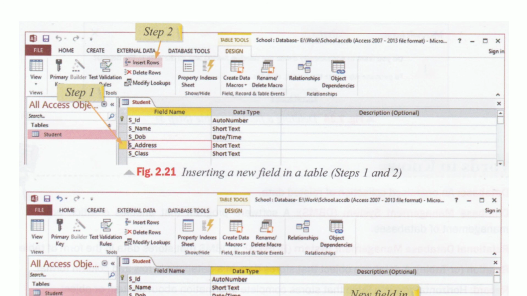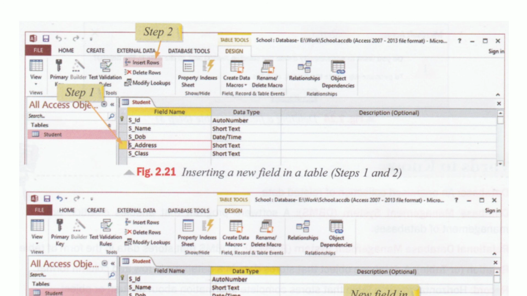As we click on this option, a blank row between SDOB and SAddress will appear. Here we can type the name of the new field and choose the data type of that particular field.